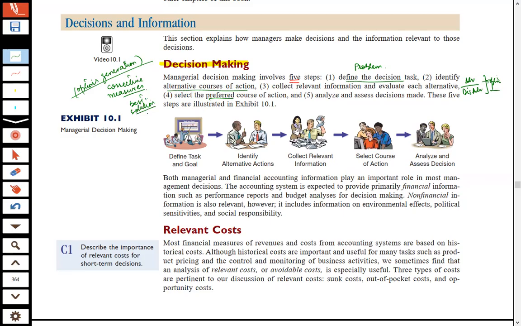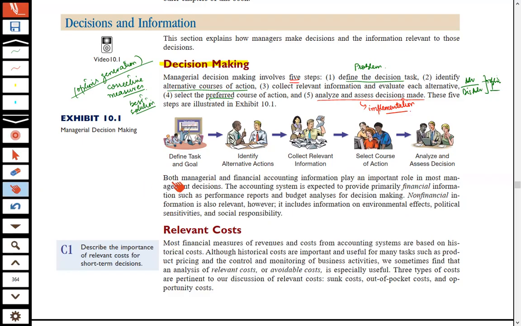Then the final decision is taken. Then analyze and assess the decision made, which relates to the final implementation. Done. So these are the 5 steps involved in decision making.